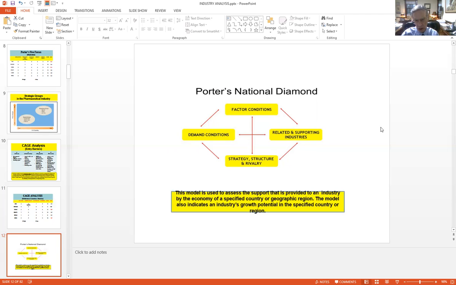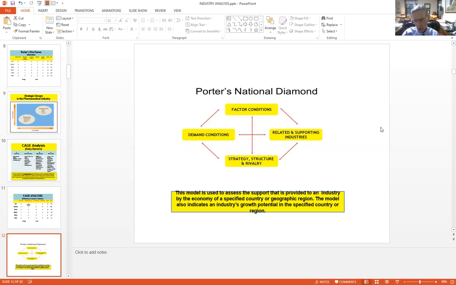As we mentioned earlier when we were talking about India, the infrastructure. All of those relate to the recipe, as I call it, for producing products or services in a particular country. Demand conditions are pretty self-explanatory. To what extent is there demand for this product or service, and is it growing?